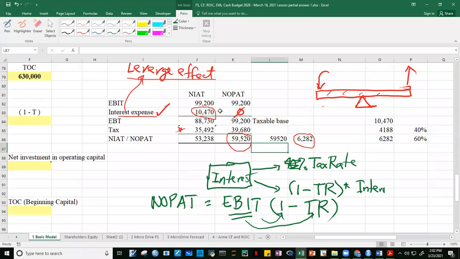So we bypass the interest expense, then deduct the tax to get your NOPAT. And we said that NOPAT will be higher than your net income after tax, assuming that there's interest expense. If there's no interest expense, then NIAT and NOPAT are the same.